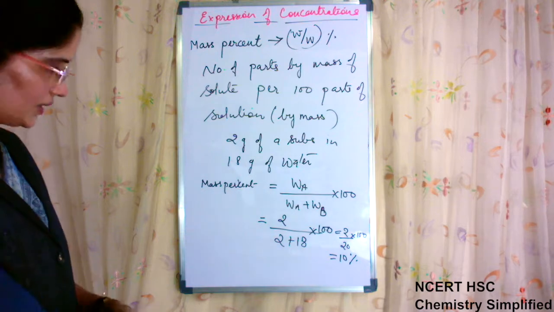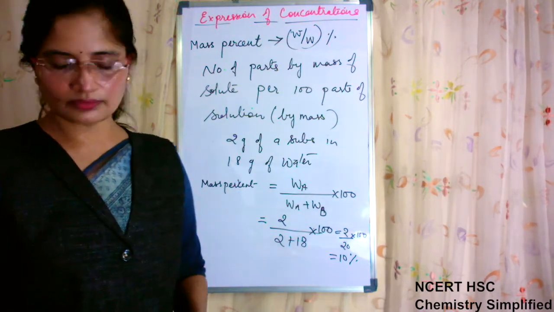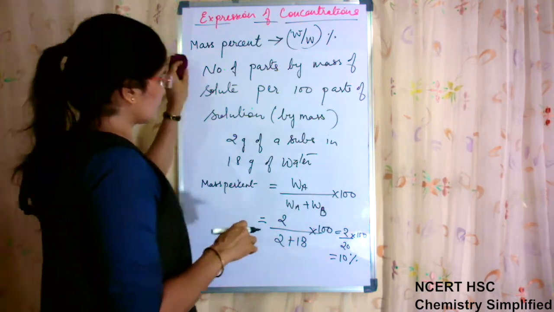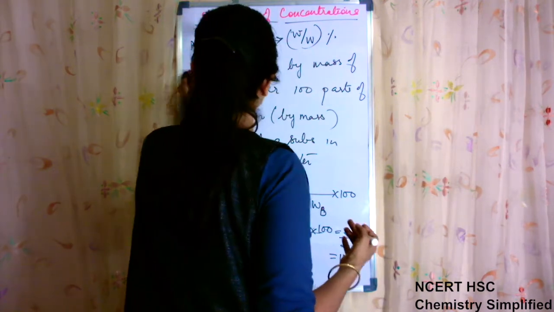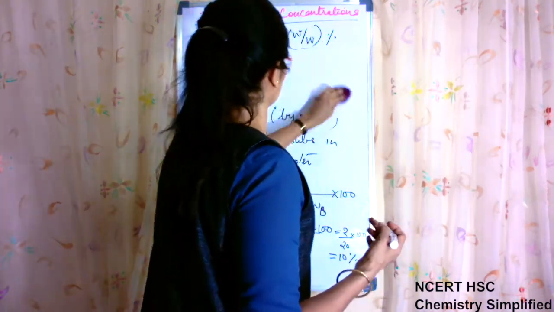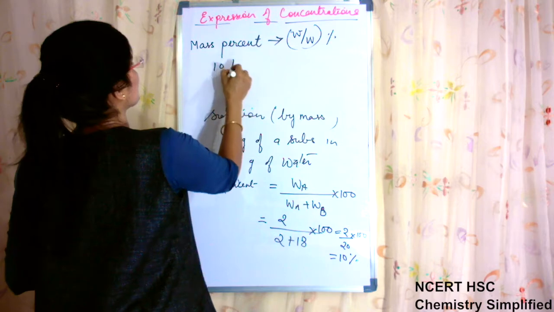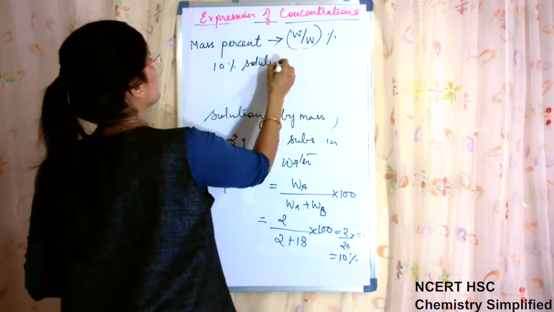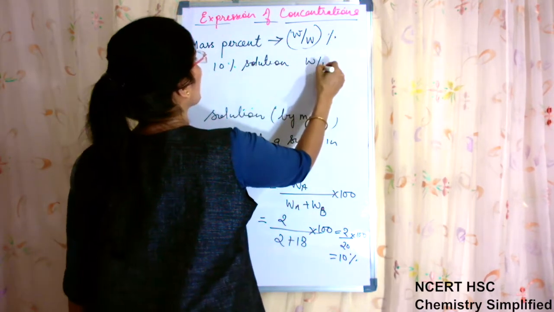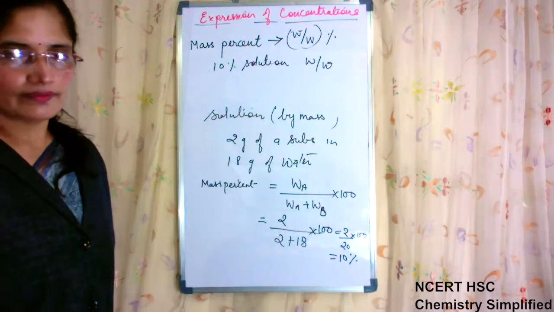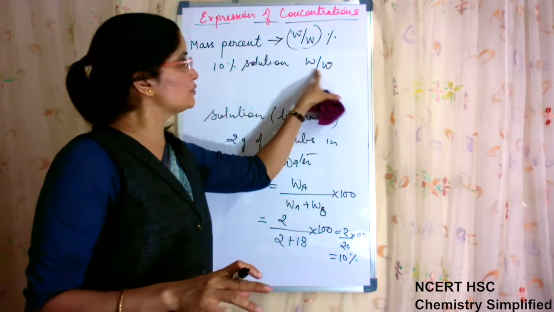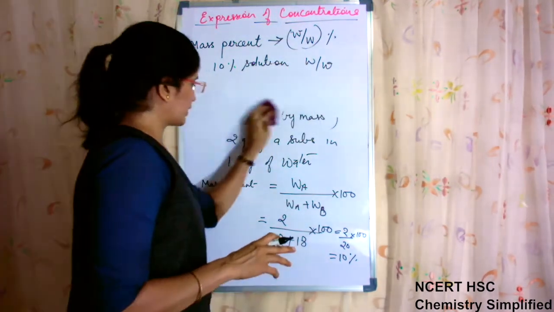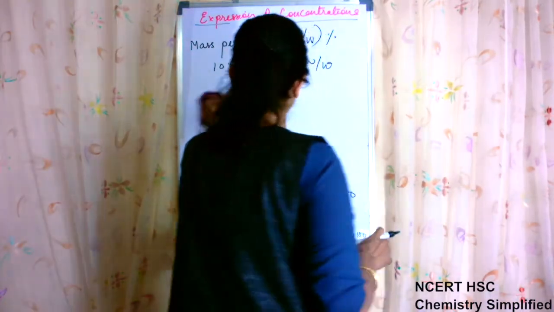Now a very important thing to understand: suppose you are asked to make a 10% solution, W by W. Every time you have to see what is written here. According to that only the solution can be prepared.